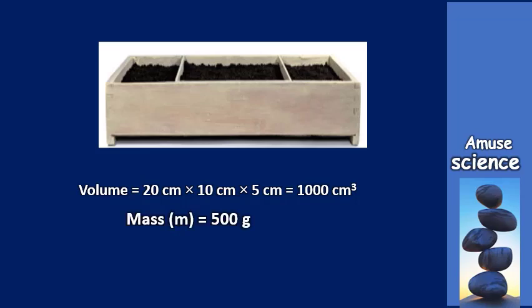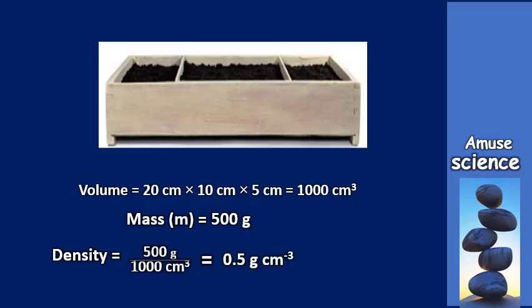So the mass is constant, but this time it is the volume that has changed, it has decreased. So by calculating the density of this system, we are going to have 500 grams divided by 1,000 cubic centimeters, and that is going to give us 0.5 gram per cubic centimeters.